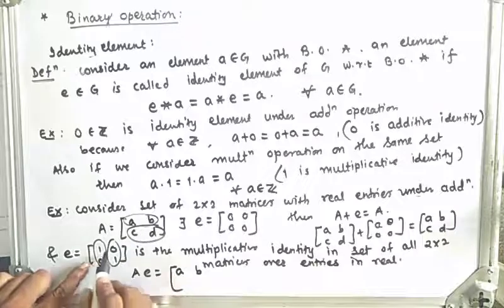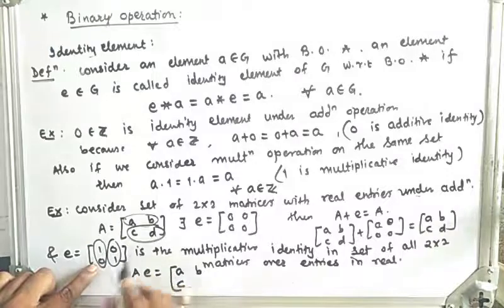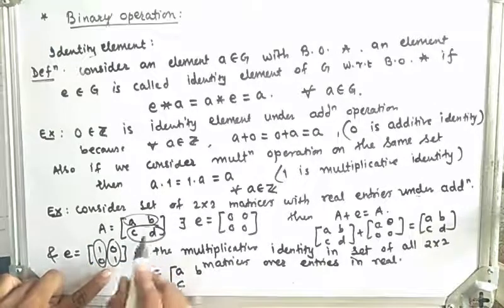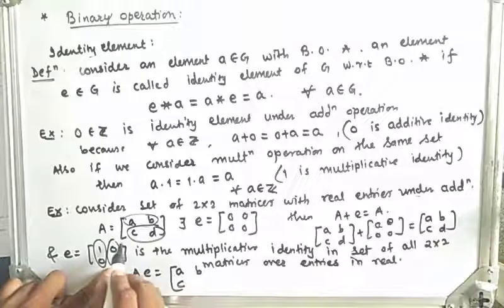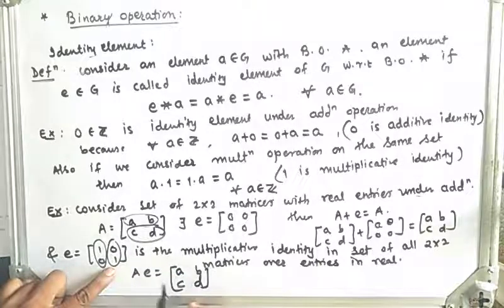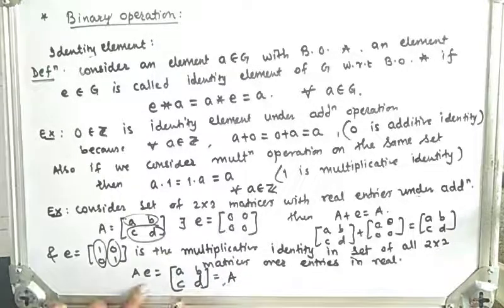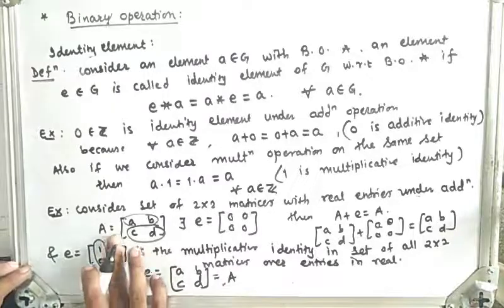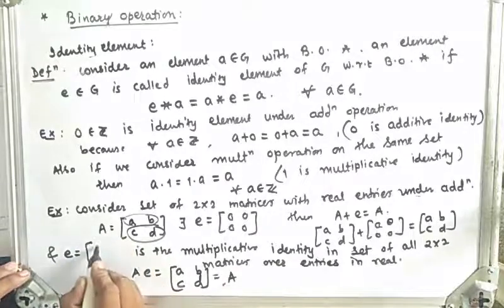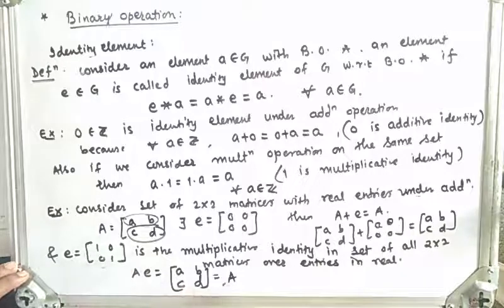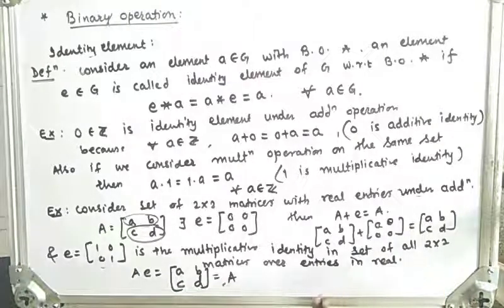Second row and first column: 1 into c plus 0 into d, which is c. Second row and second column: 0 into c plus 1 into d, which is d, right? So A into E is equal to A means E is equal to [1 0; 0 1]. So [1 0; 0 1] is the multiplicative identity in the set of all 2 by 2 matrices with entries in real numbers, right?